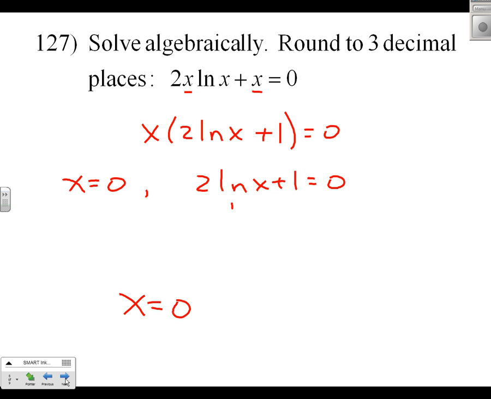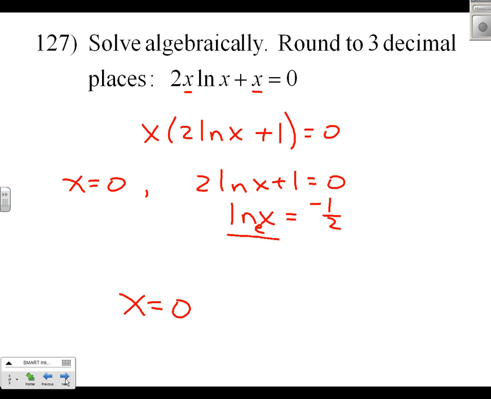How about this? Ln x equals negative 1 half. That is a simple logarithm problem. In other words, this is base e. I've isolated the logarithm. I now want to use the definition of log.